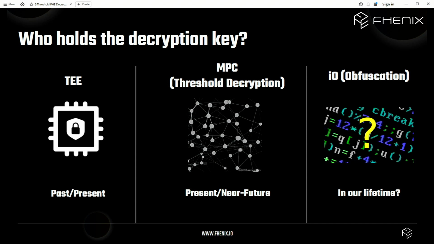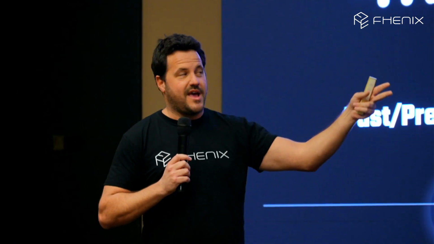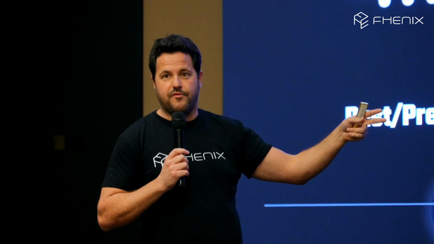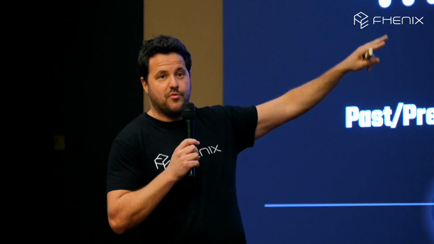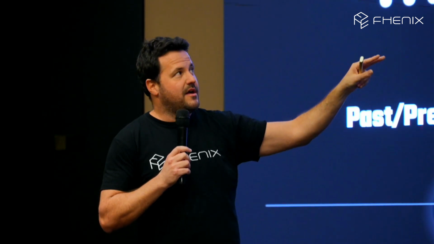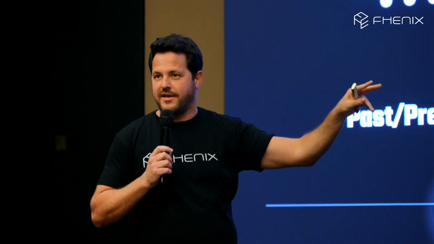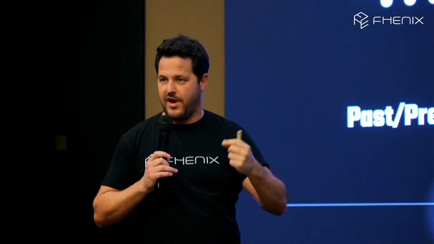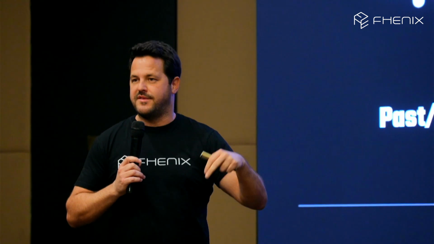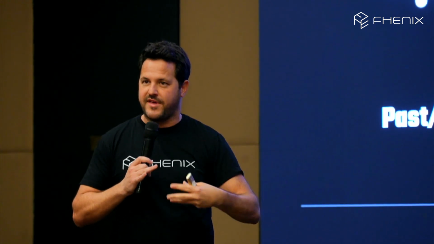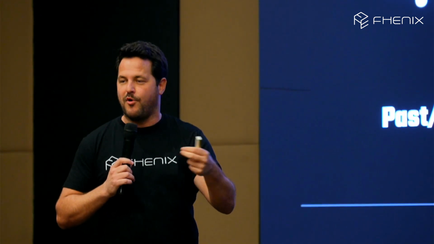What they meant was that with obfuscation, instead of splitting the key between many parties as you do in threshold decryption, you actually give the decryption key to no one. You create a private decryption key, you put it inside a program which you obfuscate, you basically garble it so no one can see it, but people can still use that program to decrypt.